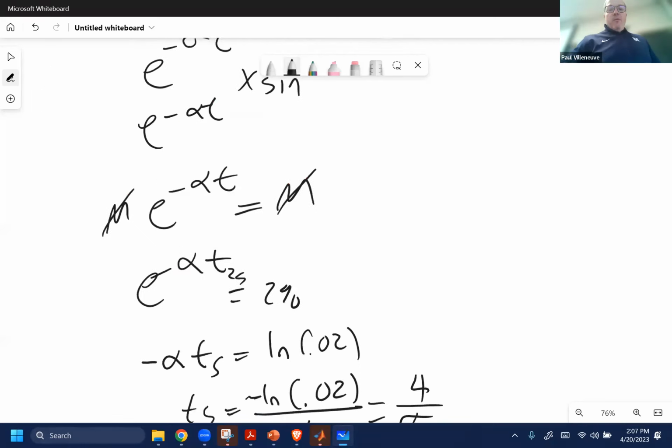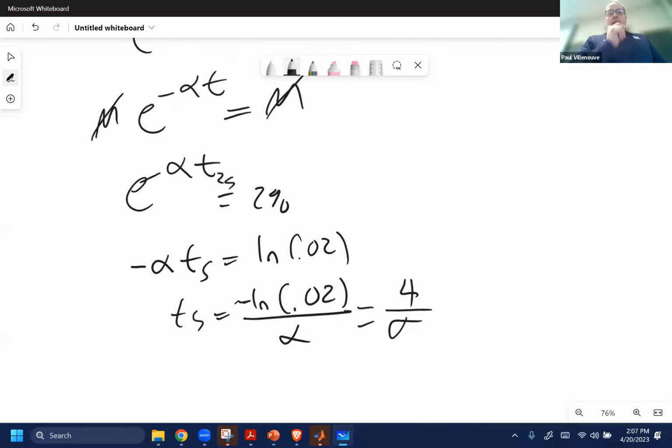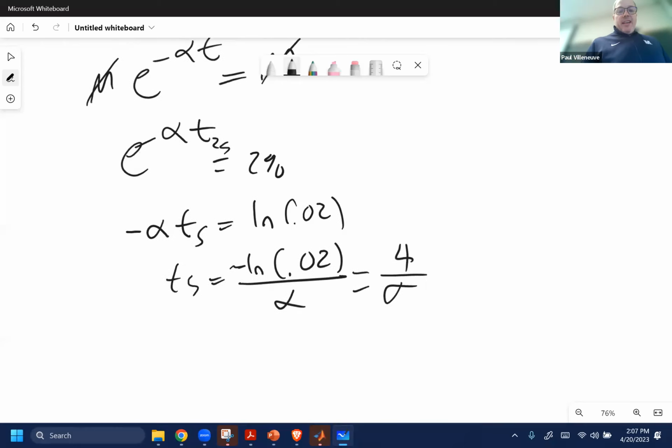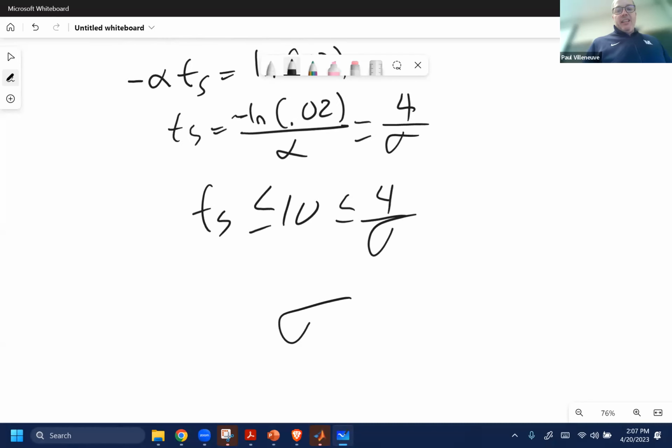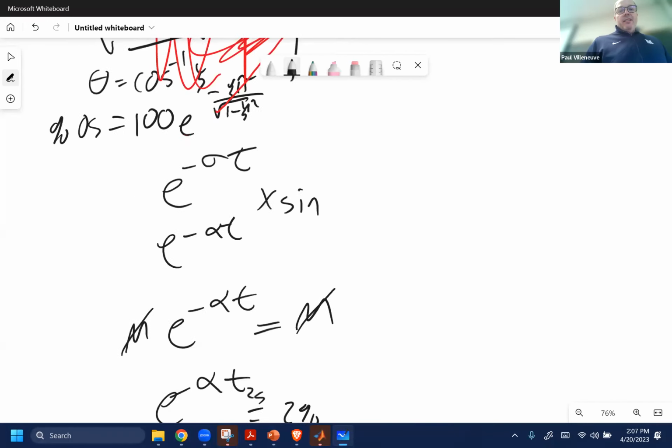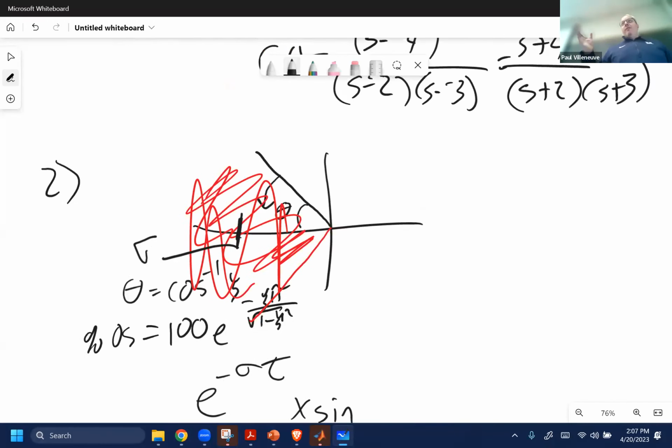So if we want our settling time to be less than 10 seconds, then t settling, which has to be less than or equal to 10 seconds, has to be less than or equal to 4 times zeta. So our value of zeta has to be less than or equal to 4 divided by 10. Well, we know that the value of zeta has to be a negative number, right?